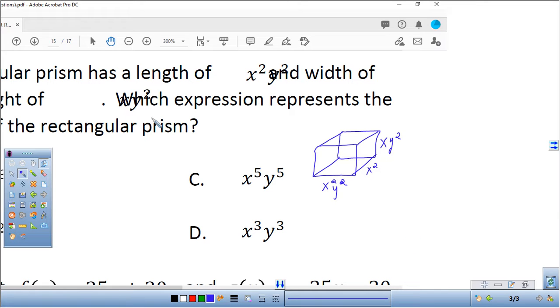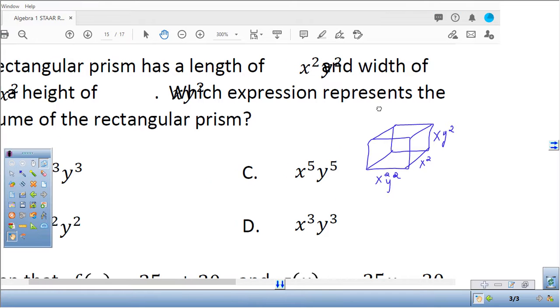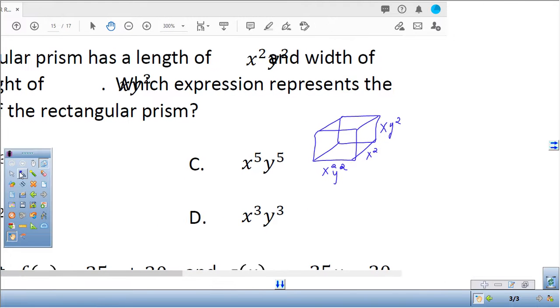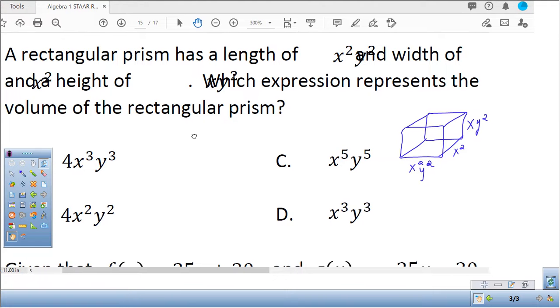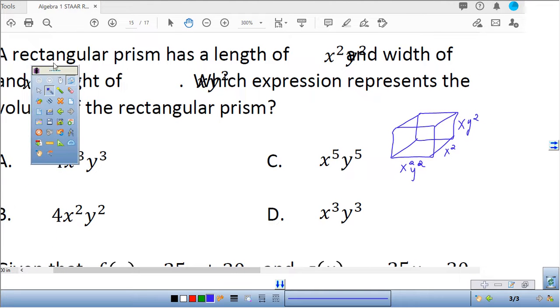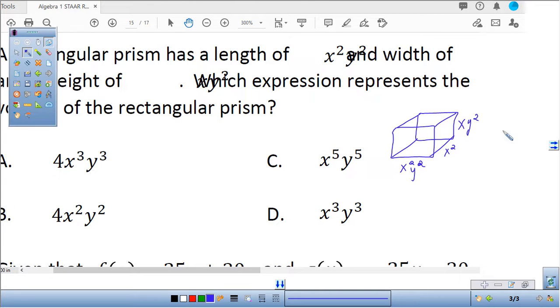Which expression represents the volume? Okay, so don't forget, it really could be even 3rd grade, because volume is equal to length times width times height, and multiplication is 3rd grade.